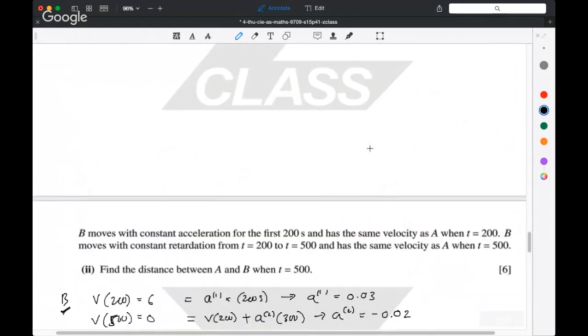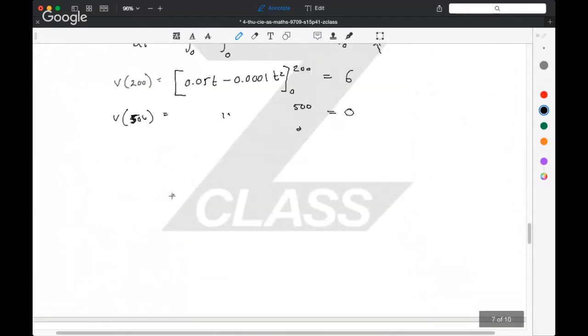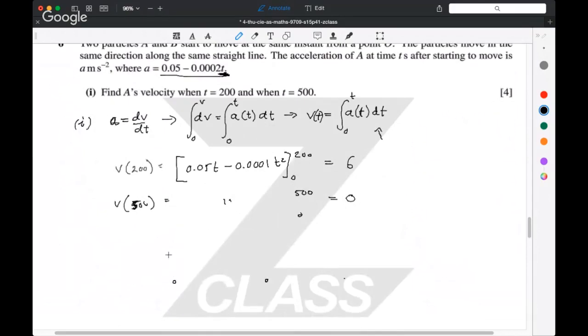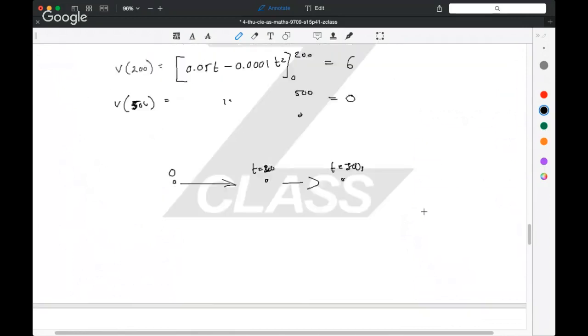If it helps, absolutely draw a sort of map in your mind, even if it seems really trivial. So this is at 0, this is at t equals 300, 200, and then t equals 500. For some reason, this just helps me to get it clear in my mind.